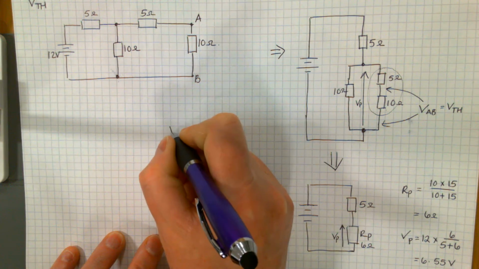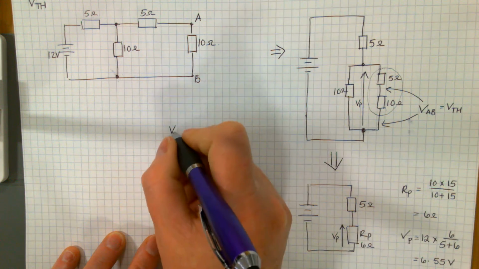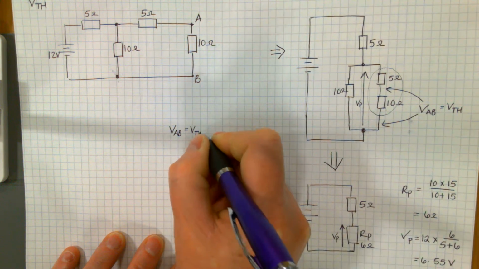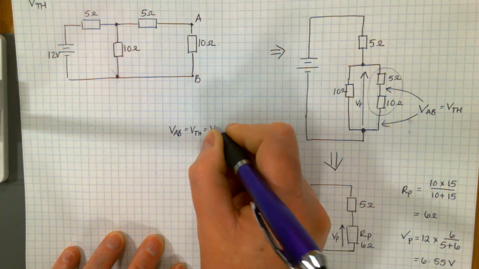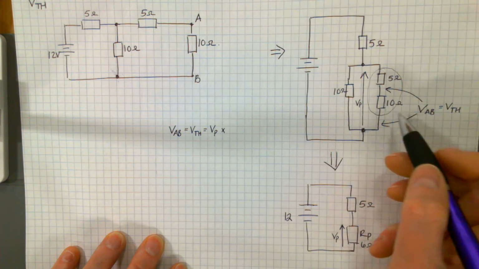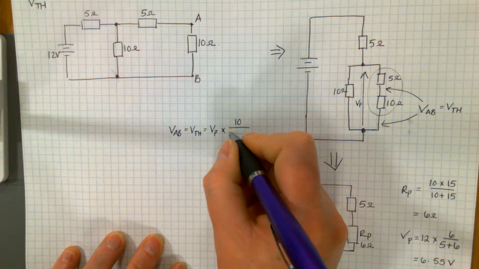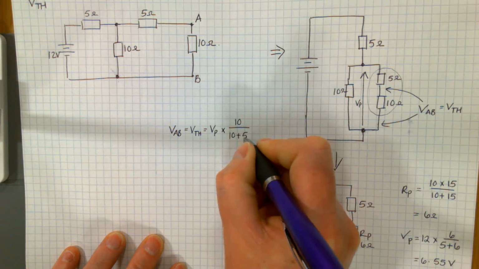So our second voltage divider, which is going to get us our voltage AB, which is our V Thevenin, we're going to divide that VP. The one we're interested in is the 10, and it's over the 10 plus the 5, getting you 15.